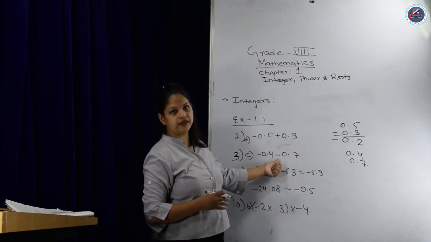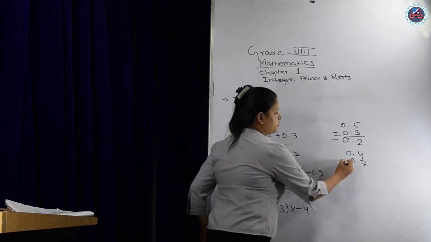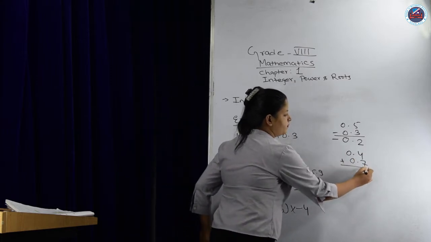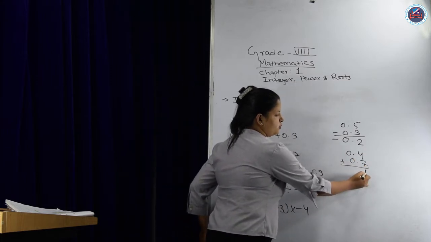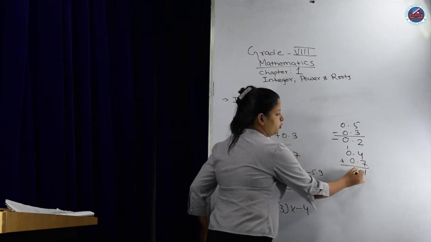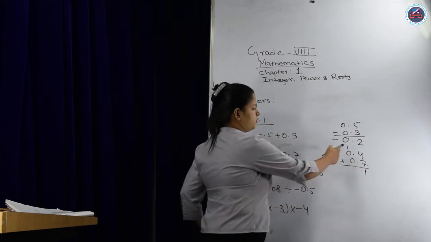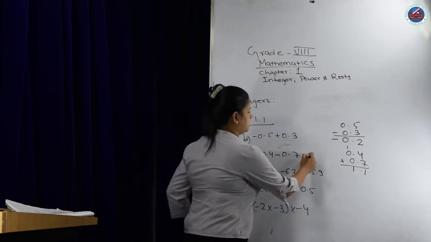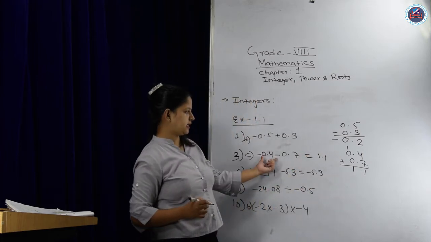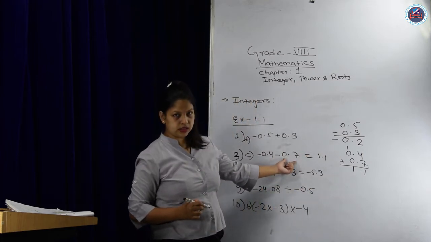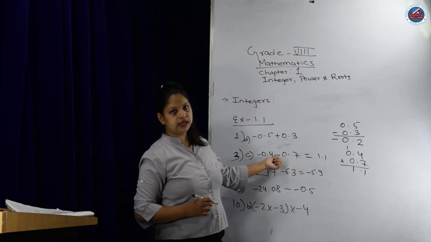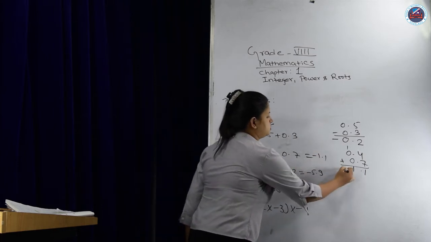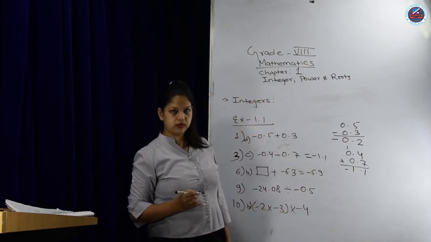Negatives we will have to add. 7 plus 4 is 11, so put 1 here and carry 1 over. The point will be in its own place and when you add them you get 1. So your answer is 1.1, but check the sign. Which value is greater? 0.7. It is negative, so you have to put minus here. This is how we work it out.